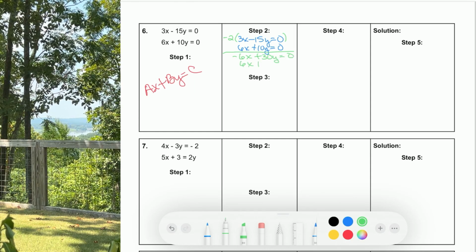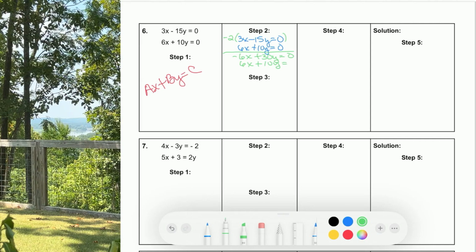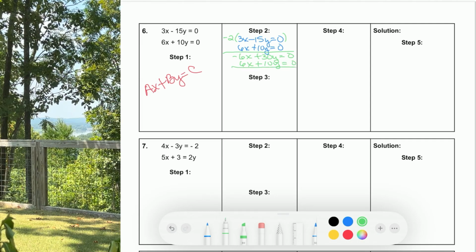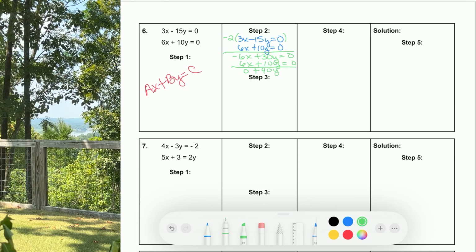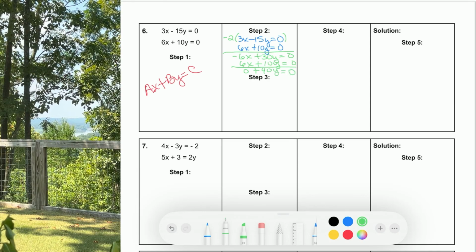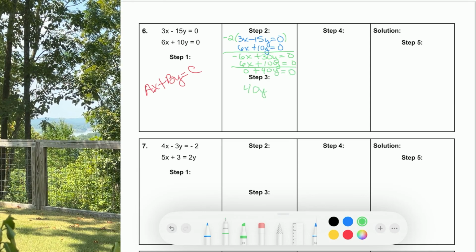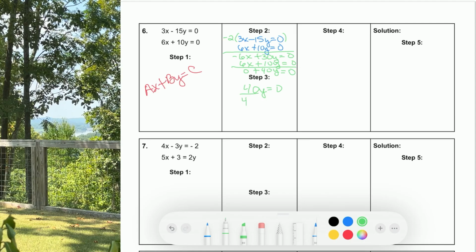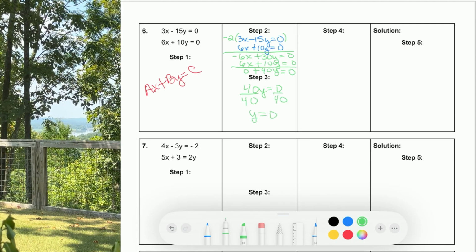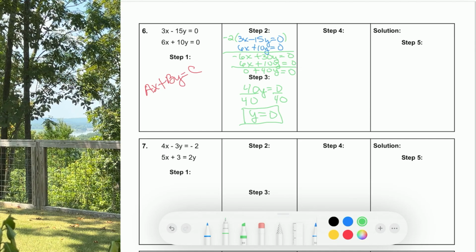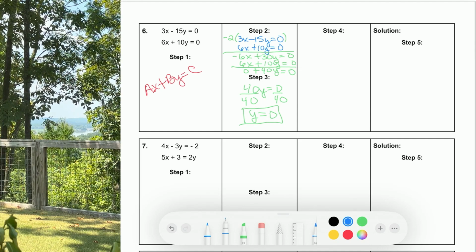Rewrite the other one. Now add them. I end up with 0 plus 40y equals 0. Bring that down here. Divide both sides by 40, and I get y equals 0. Use that in my other equation.